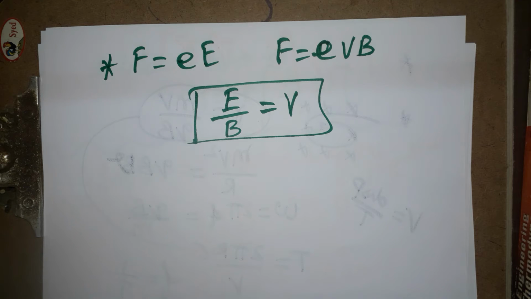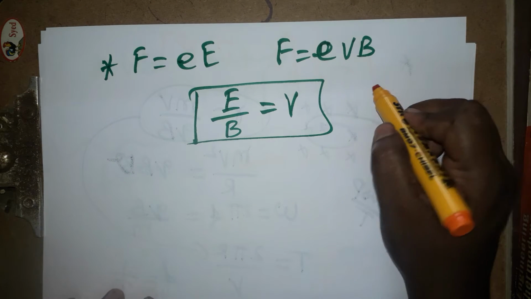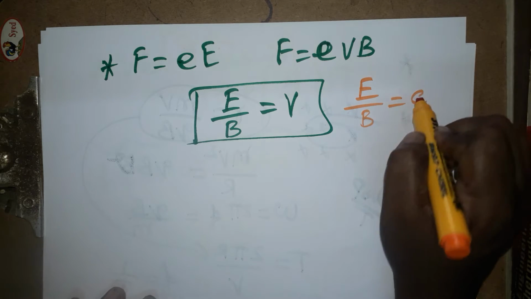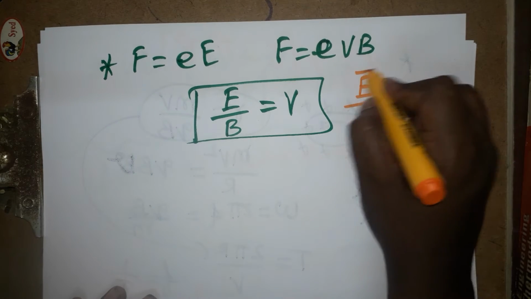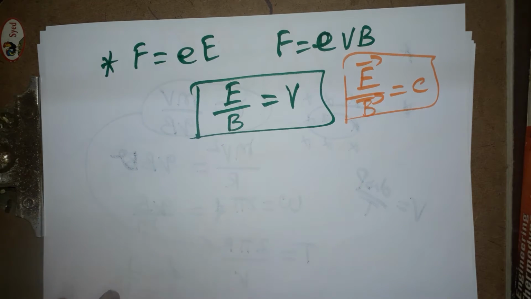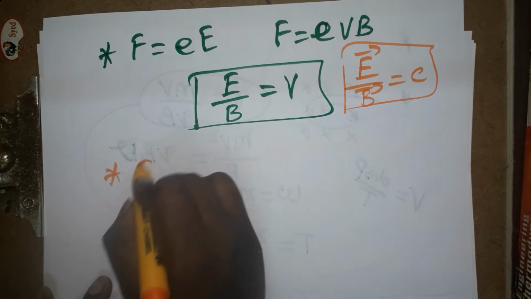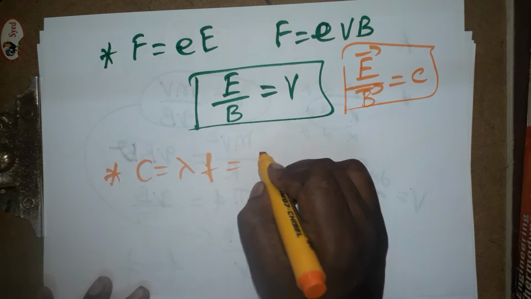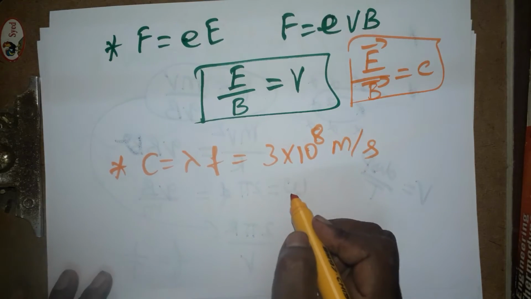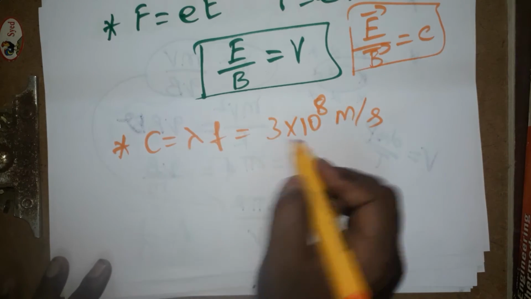The same formula in the 8th chapter, we can write E by B is equal to c, they will be writing. It's a very important formula: the relation between electric field and magnetic field, the velocity of light. I know the velocity of light is equal to wavelength into frequency. The value is 3 into 10 power 8 meter per second. Okay, cyclotron is out of syllabus.